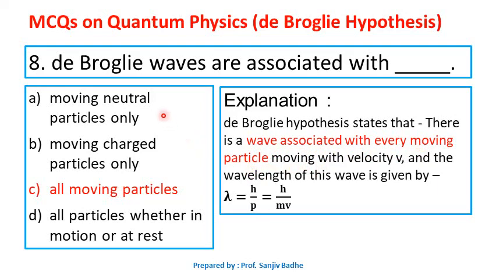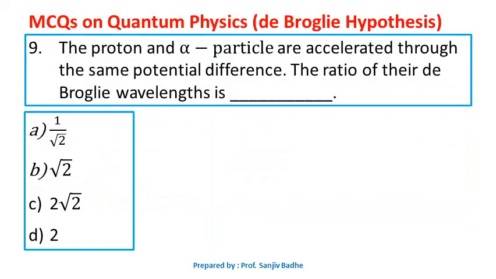So the particle may be neutral, may be charged, there will be wave associated. And it is saying wave is associated with every moving particle. So the particle at rest does not have a wave associated with it. So the answer to this question is de-Broglie waves are associated with all moving particles. Let us move on to the next question.